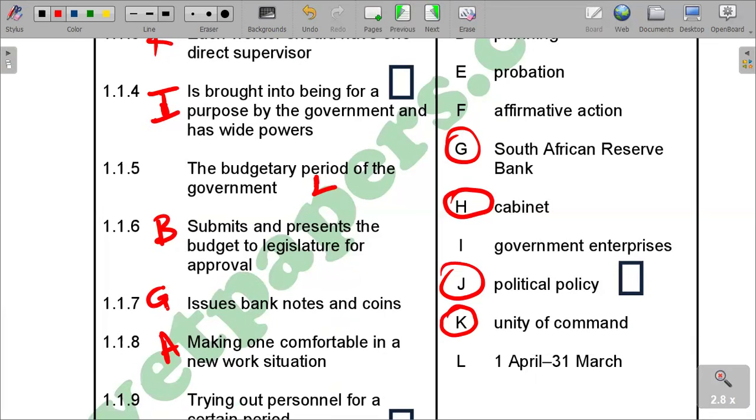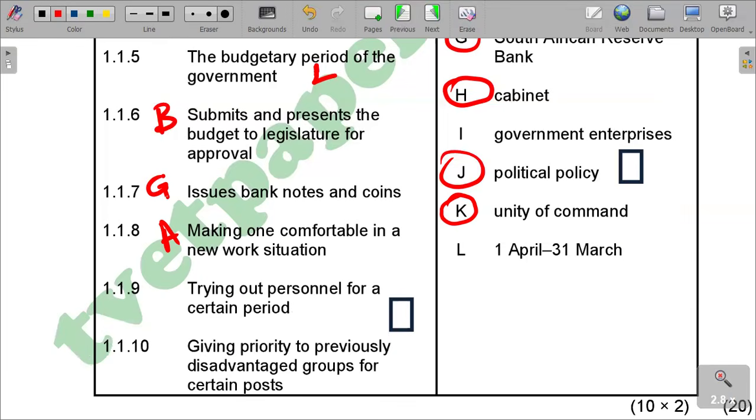When a person is hired, he is given a period of time during which an employee must prove to be the best suited for the position.